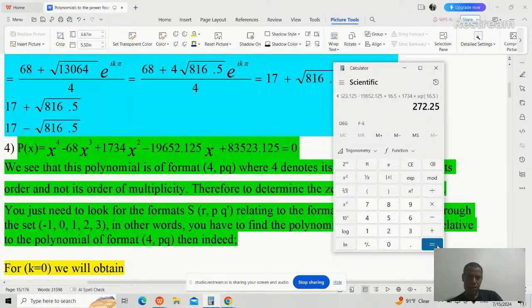It remains only the last two terms, minus 68 times 16.5 raised to the power 3, plus 16.5 raised to the power 4, and this one is equal to approximately 0.125.